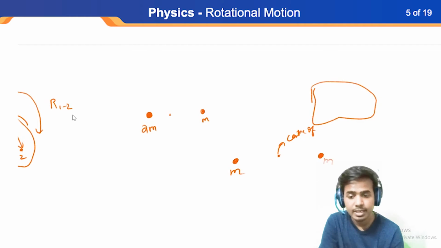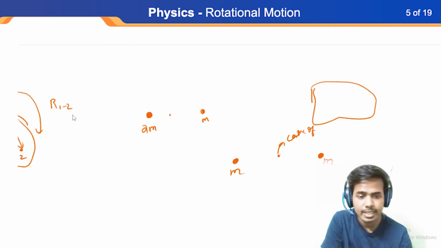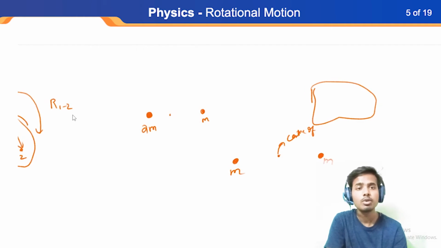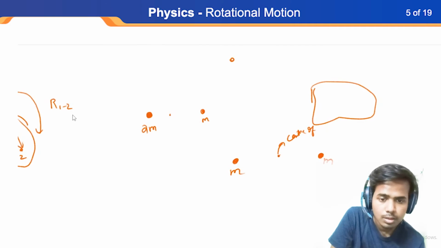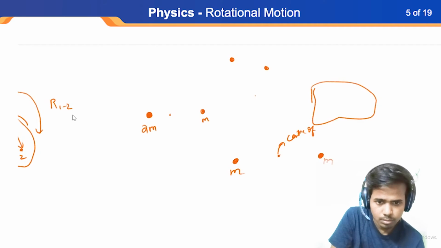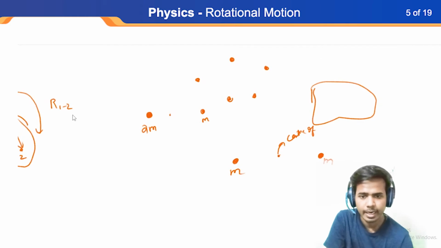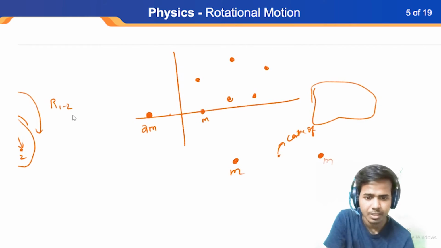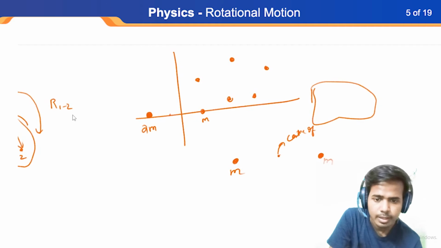How do we calculate the center of mass? Let's say there is a system of n number of particles, and we are in a Cartesian plane. Let's say there are coordinates x1, y1, x2, y2.